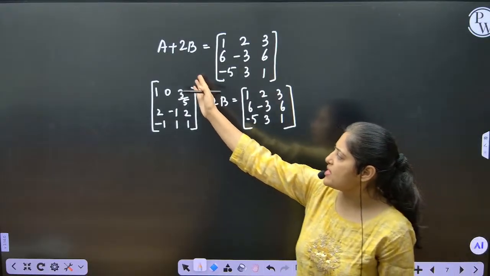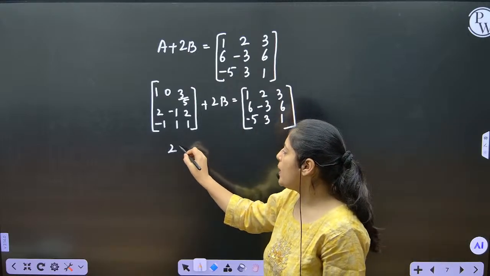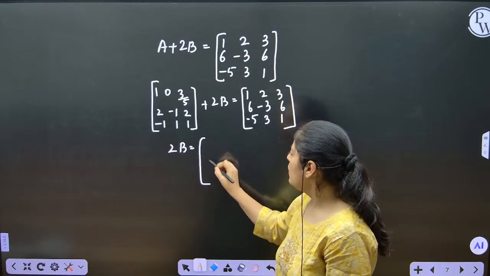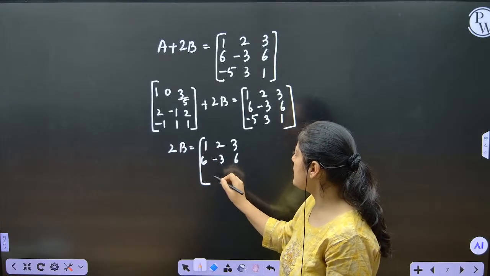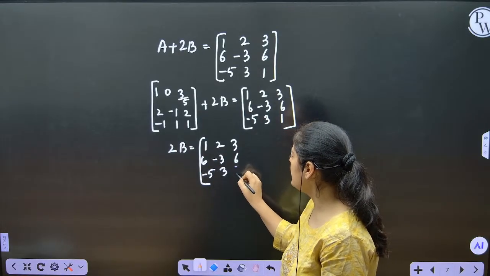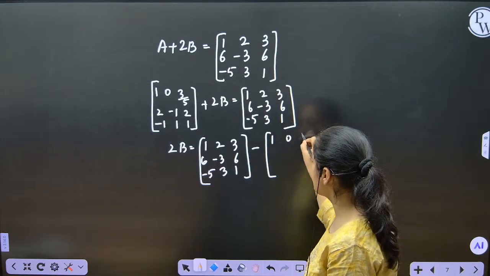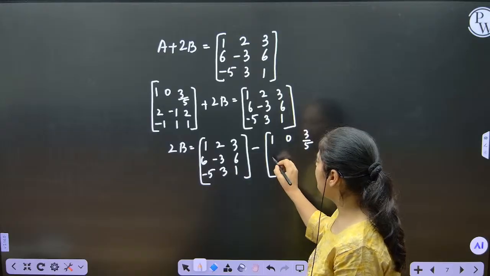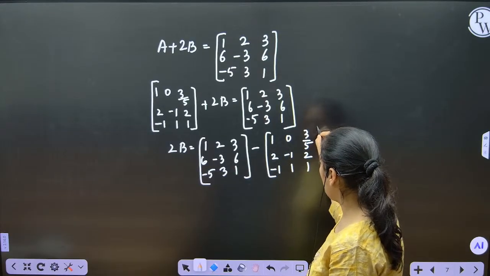This full matrix is plus here, on the right side it will become minus. So twice of B is 1, 2, 3, 6 minus 3, 6, minus 5, 3, 1, minus of this full matrix A, 1, 0, 3 by 5, 2 minus 1, 2, minus 1, 1, 1.